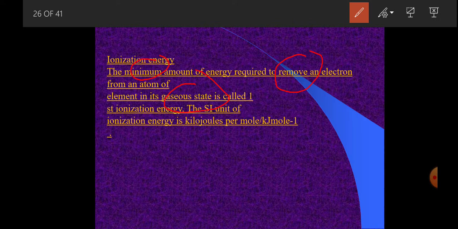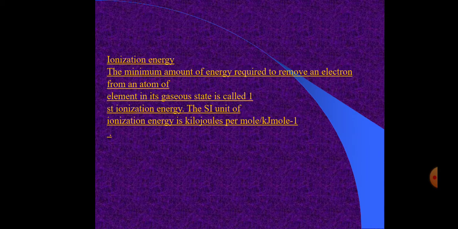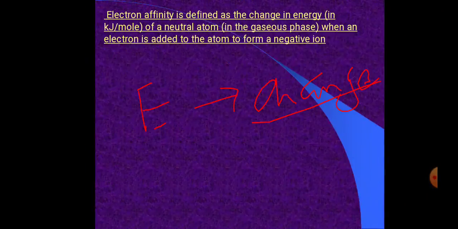Group 1 and 2 elements will always lose their electrons to become stable.